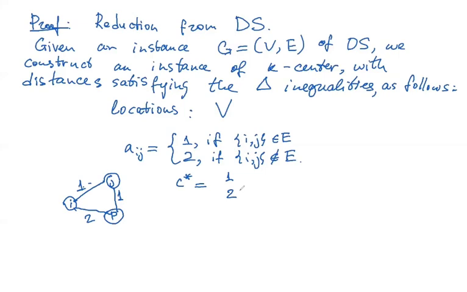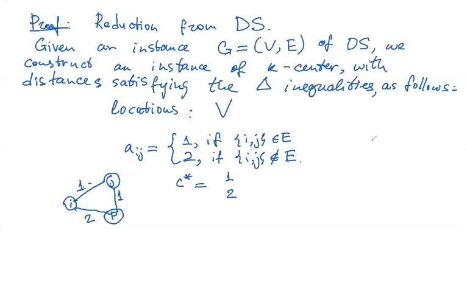Because our distances are limited to either 1 or 2, the optimal solution must be either 1 or 2, right? In fact, you pick any arbitrary K vertices or K locations to be your centers, and the solution is guaranteed to be no worse than 2. Again, every set of K locations will give you an objective that's no worse than 2.